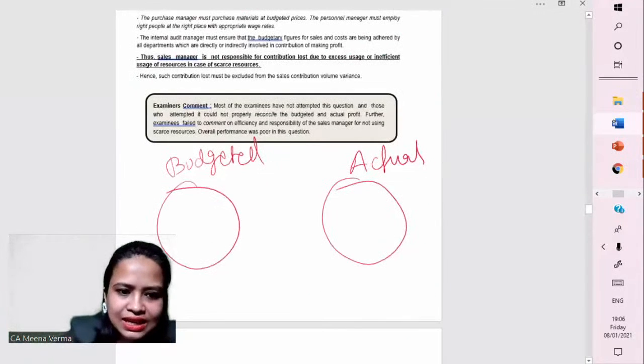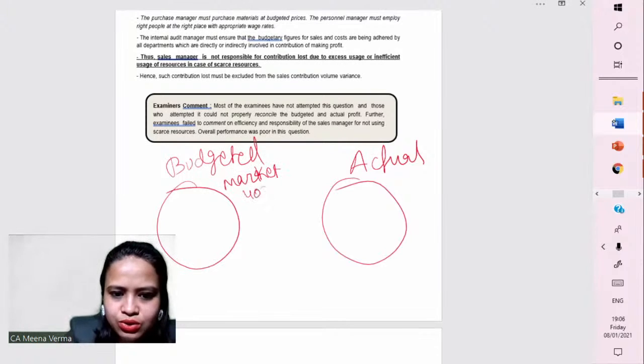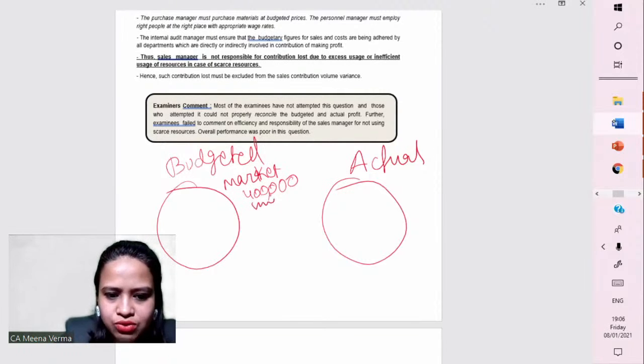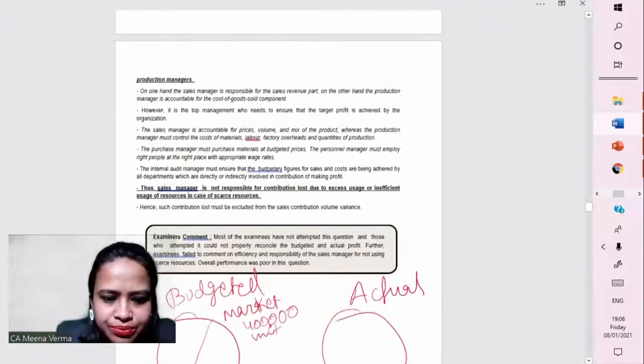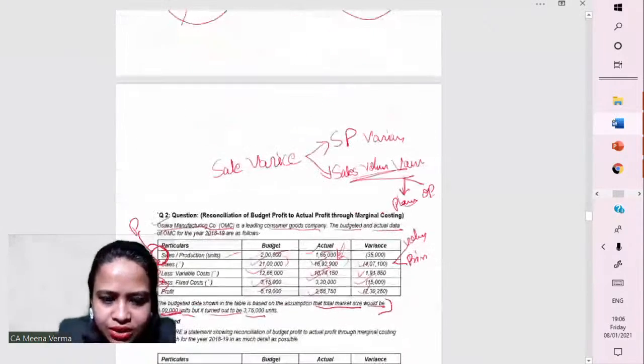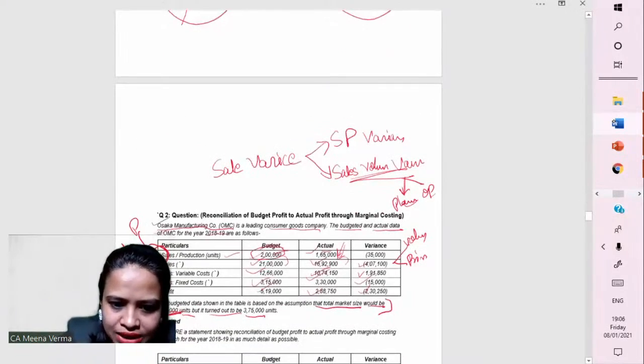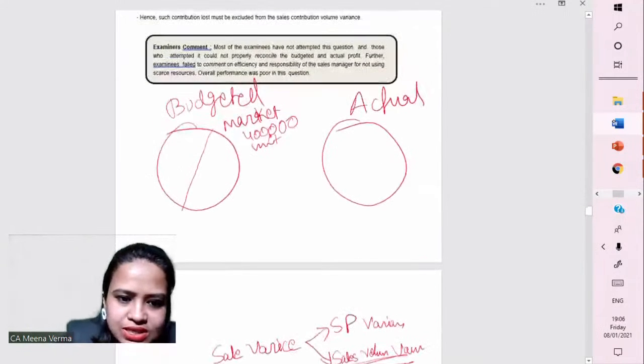In the market, any company can sell 4 lakh units in total. However, this company can sell a maximum of 2 lakh units.